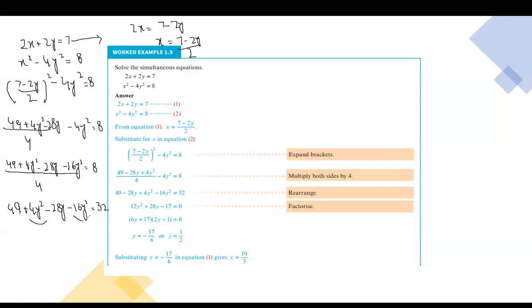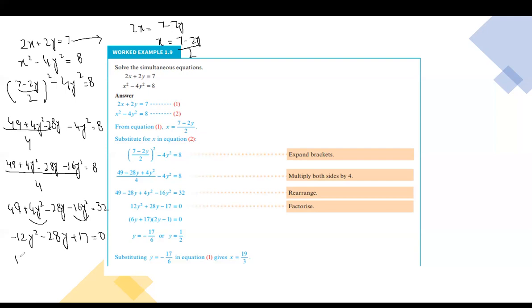So this must be minus 12y square minus 28y, and then 49 minus 32, this must be plus 17, equals 0.